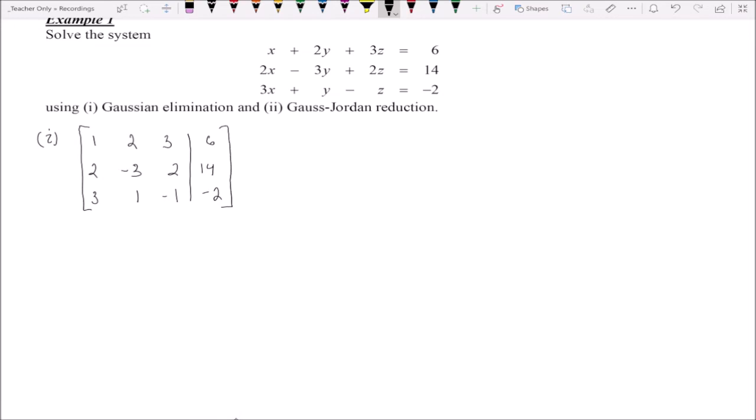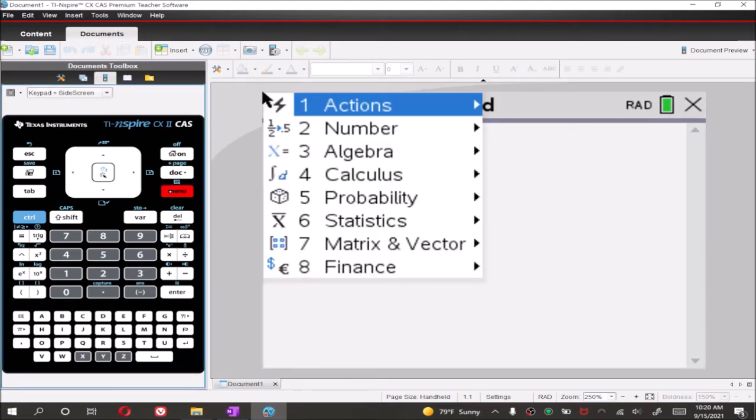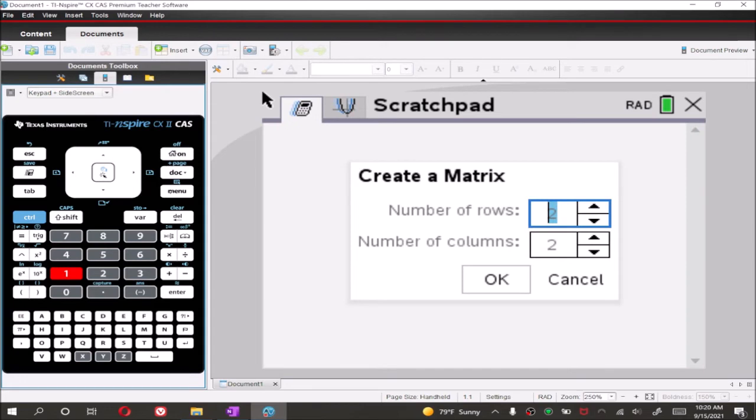And the idea is to REF this matrix. Once again, I will be using a calculator to help me keep track of each step. When setting up the augmented matrix in your calculator, number of rows equals the number of equations. Number of columns equals the number of unknowns plus that additional 1 for the constant vector.